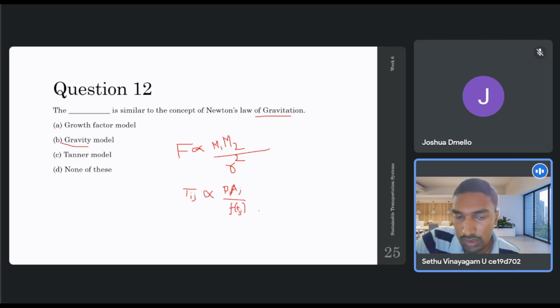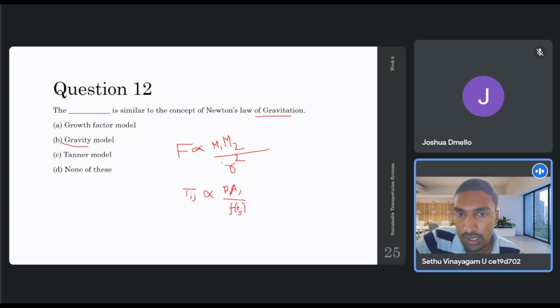For example, cost. If the cost of travel is high between two zones, then we can expect the number of trips between those two zones to be lower, right? If travel time is large, we can expect the number of trips to be lower between the zones, right? So there could be different factors. So this f of t_ij is a function of this impedance, right? It's an impedance function for the trips between the two zones, right? Generally this will be a nonlinear function of this cost, right?